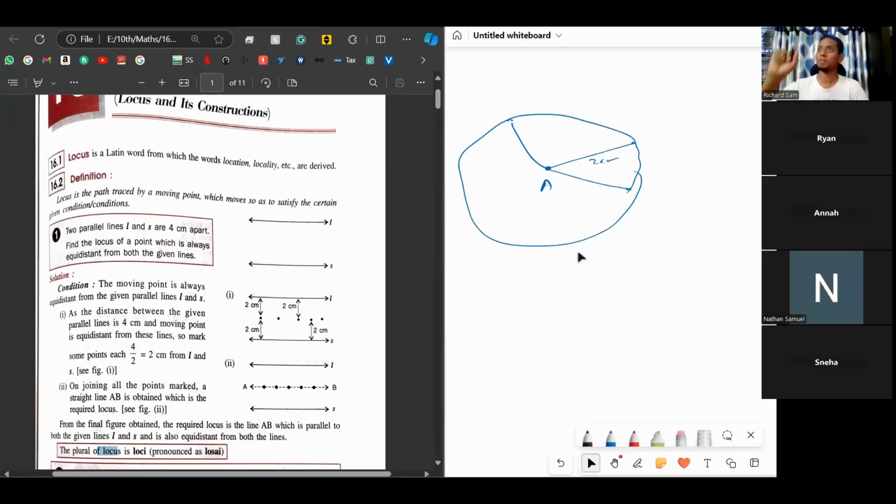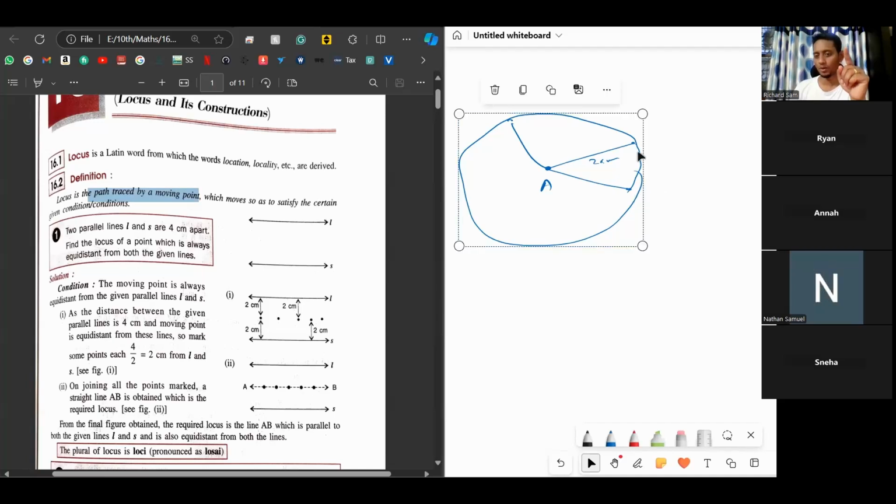Locus is joining all the points. That is locus. So this circle is called the locus. Any point I draw on this locus will be 2 centimeters away from me. Correct? Let's read the definition again. What is locus? It is the path traced by a moving point.